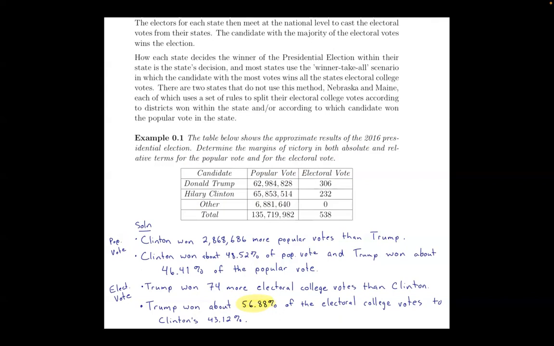Now, there are some questions as to how it can make sense that Clinton only won 43.12% of the Electoral College votes, but won 48.52% of the popular vote, which is more than what Trump won in the popular vote. And the reason that happened is, we have states that have, something like maybe California. I think California was probably overwhelmingly in Clinton's favor, but California has a limited number of Electoral College votes. So it doesn't matter how much Californians preferred Clinton or people in New York preferred Clinton.